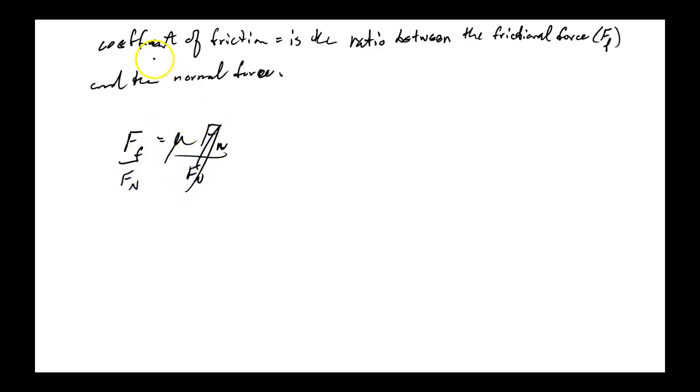This goes out. And then the coefficient of friction, mu, is the ratio. Ratio means comparison in a division sense, the frictional force divided by the normal force. That's how they define the coefficient of friction. So that statement comes right out of that formula.